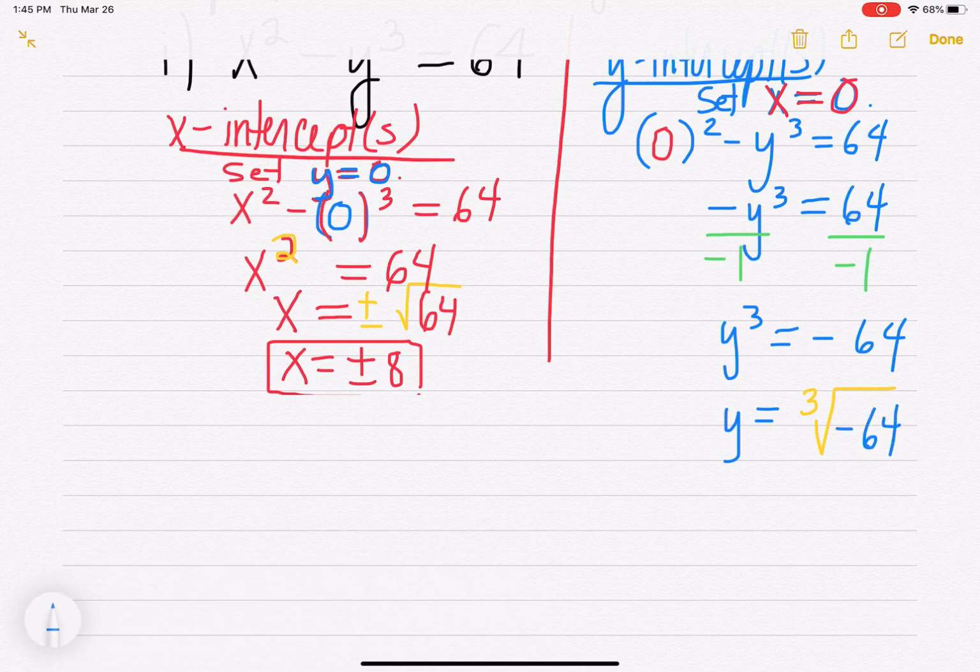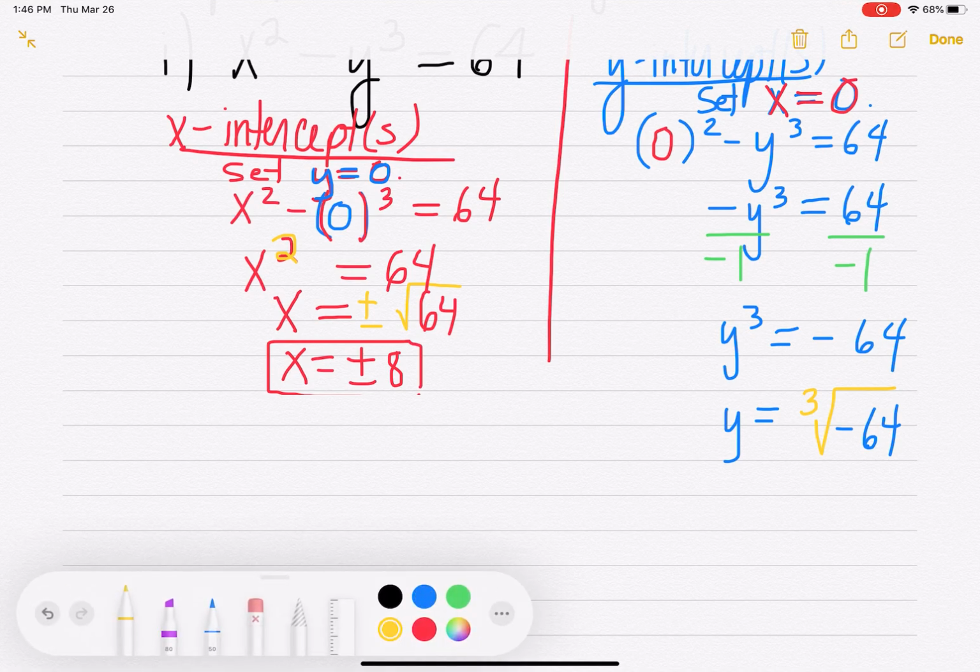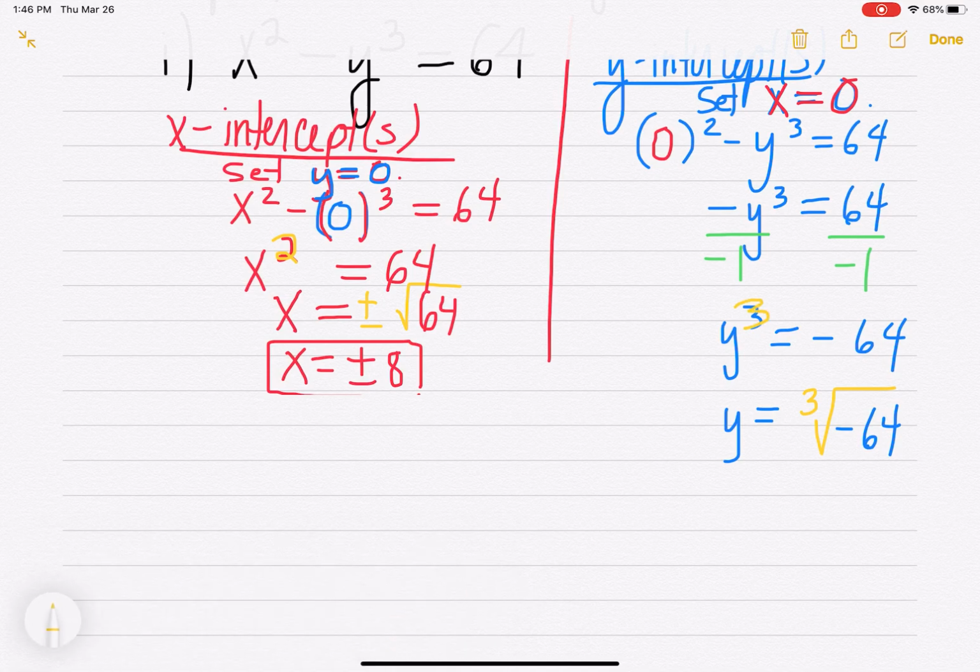Notice we don't put a plus minus, because we have an odd power. Anytime you have an odd power, you just have the cube root. Plus minus is just when you have an even power. So we have y equals the cube root of negative 64, which is negative 4. So there you have it. You have two x-intercepts and one y-intercept.